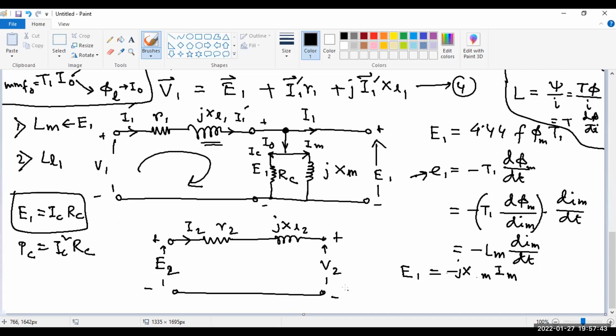Okay, so the first circuit is called the primary equivalent circuit and the second circuit is called the secondary equivalent circuit. Remember, these two circuits are not the equivalent circuit of a transformer.